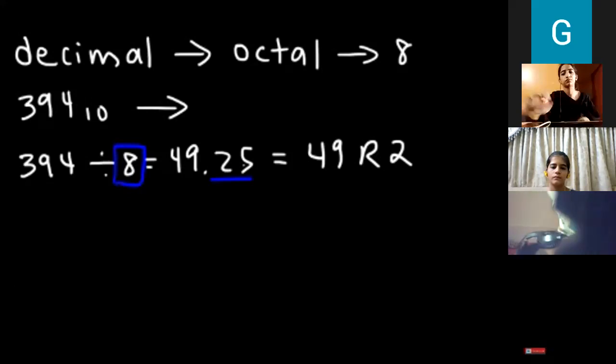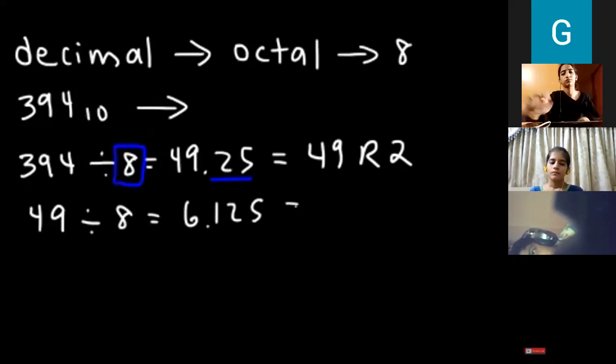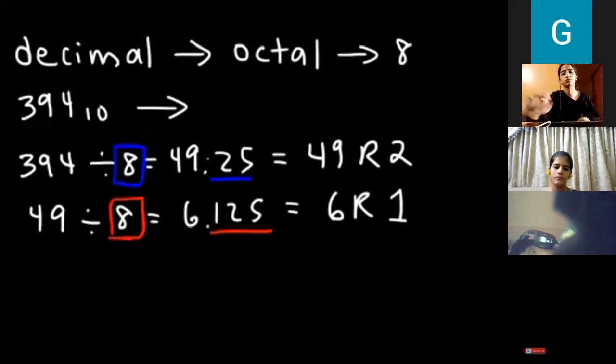Now, take the 49 and divide that by 8. 49 divided by 8 is 6.125. So this is going to be 6 remainder, and then multiply 0.125 by 8. So 8 times 0.125 is 1. So we have 6, remainder 1.